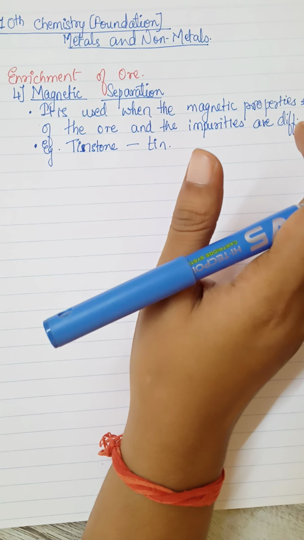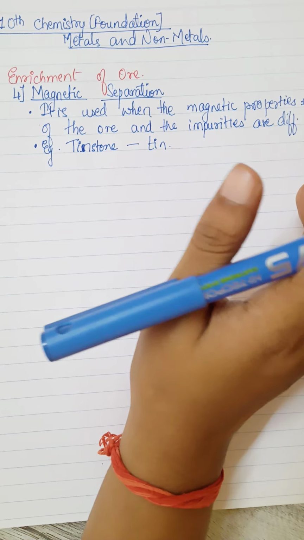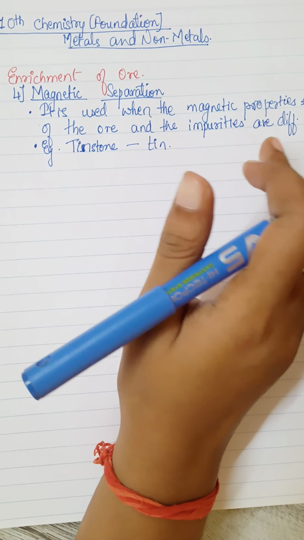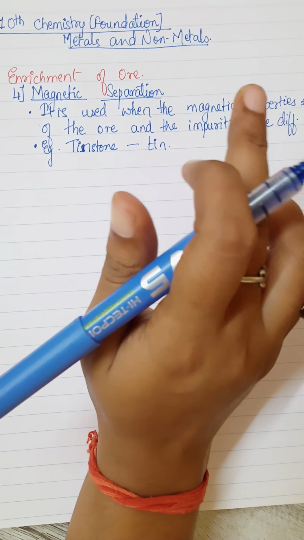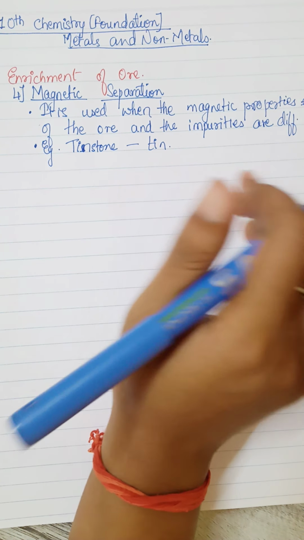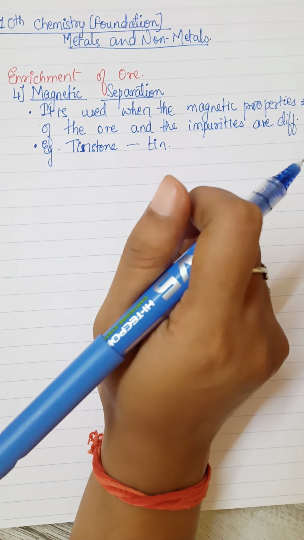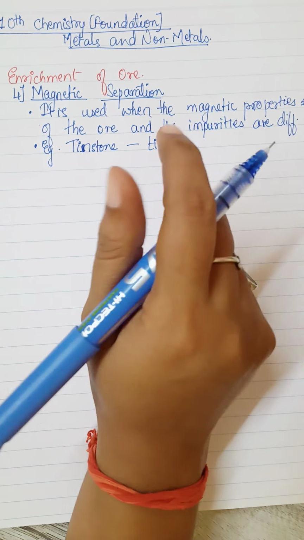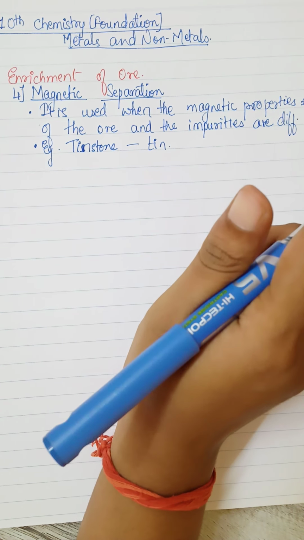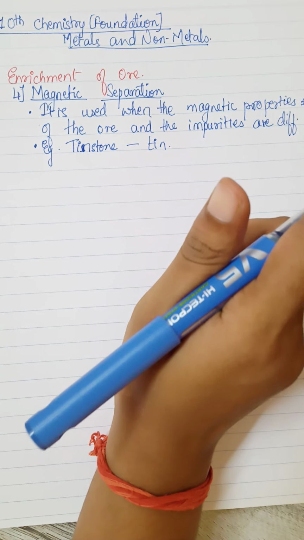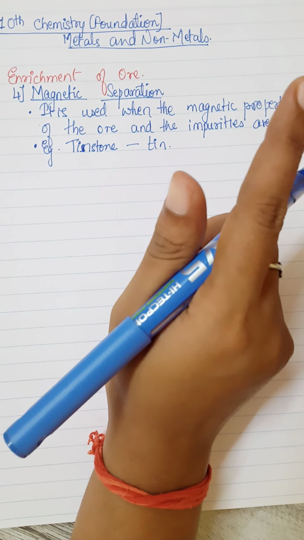The powdered tin stone is spread on a belt, a kind of conveyor belt. Once this belt moves, the electromagnetic property will make them separate, that is, the impurity wolfram and the ore of tin. So it moves over electromagnetic rollers.